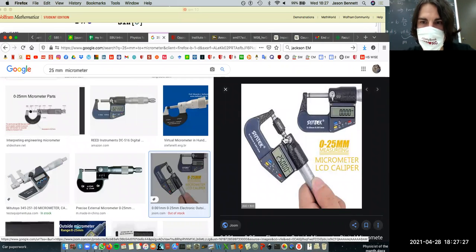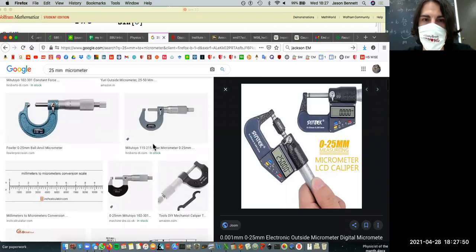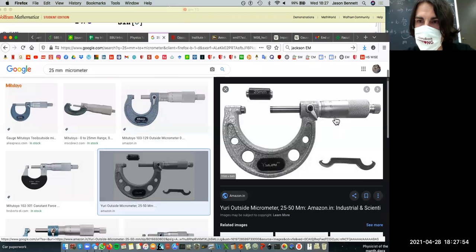So what ends up happening is that your normal origin is not where you're going to be measuring from anymore. You're going to be measuring from 25 millimeters. So this is your 0. You're going to unscrew this thing a little bit and rescrew it, and whatever is in between here, you'll get a measurement.